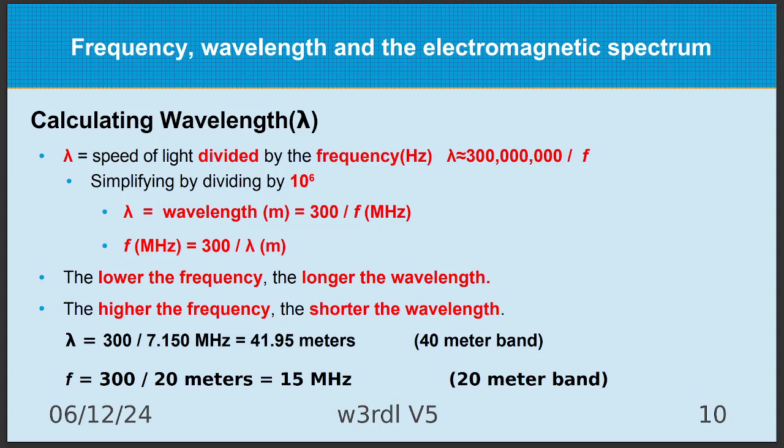If you're using 300, it gives you the answer in megahertz. If you're using 300 million, it gives you the answer in hertz. So 15 megahertz, that's a little bit above the band, but that's what they're trying to show you right there. Yep, 15 meters.